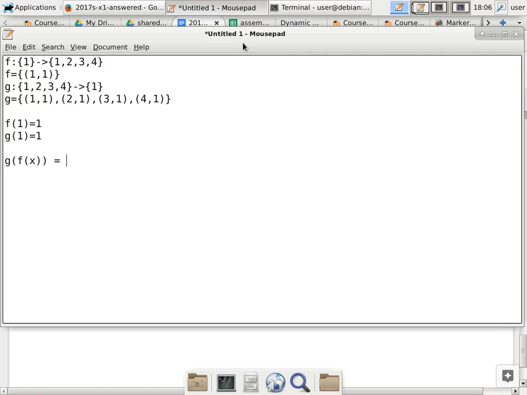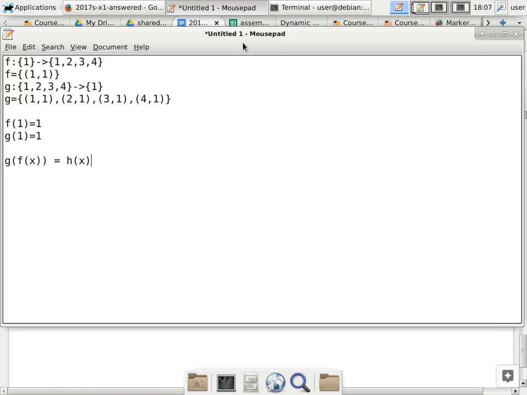But when we look at this, okay, when we define h of x to be g of f of the original number, is that bijective? It is bijective, because the domain of h has only one element, and the codomain of h also only has one element.